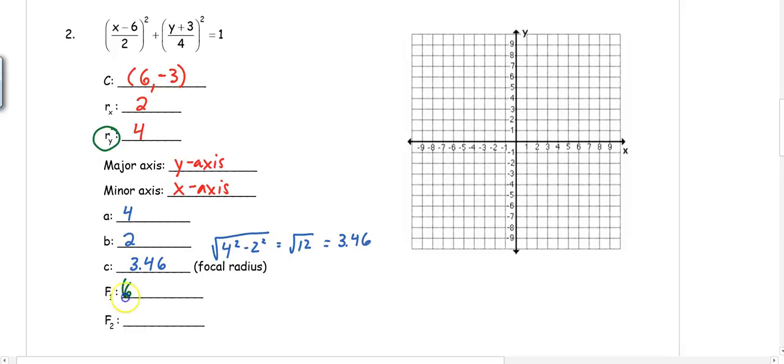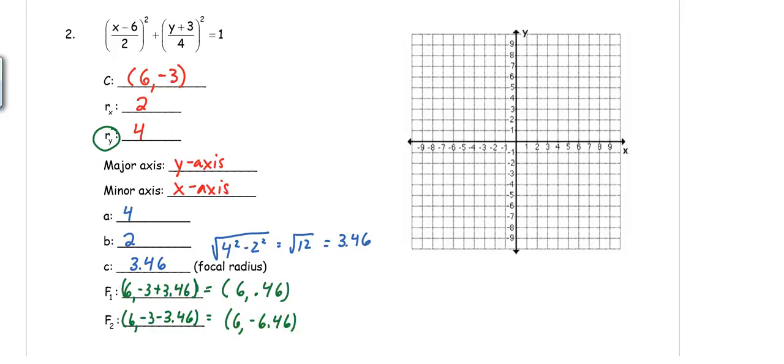So I'd have 6 comma negative 3 plus 3.46 and 6 comma negative 3 minus 3.46. So my focal radii are located at 6 comma 0.46 and 6 comma negative 6.46.